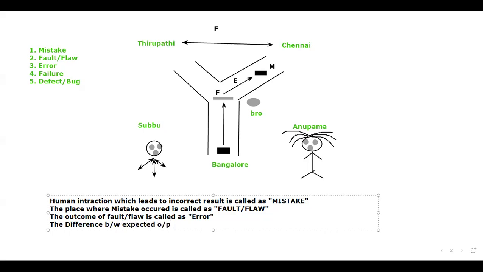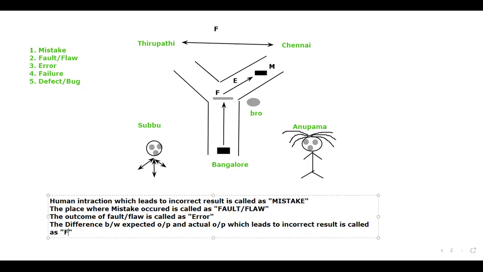The difference between expected output and actual output, which leads to incorrect result, is called as what? Very good. Failure. Now observe properly.